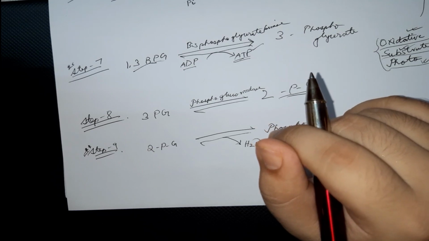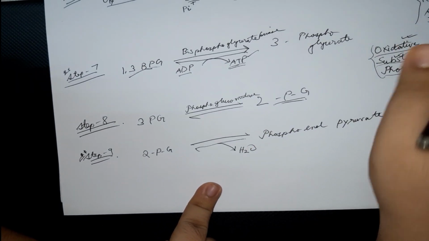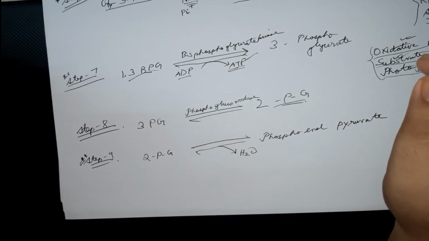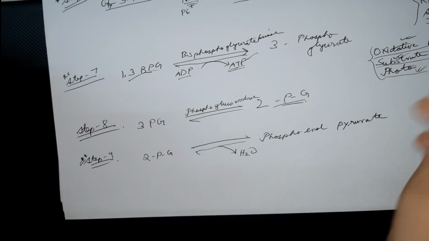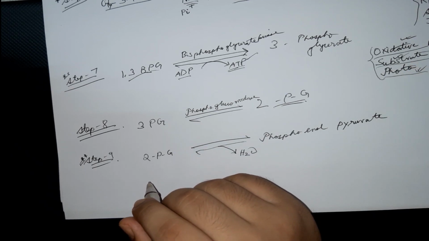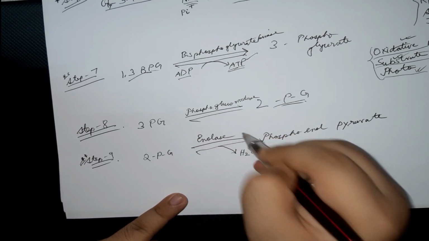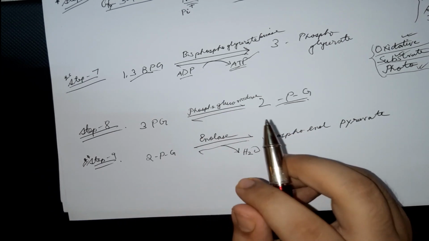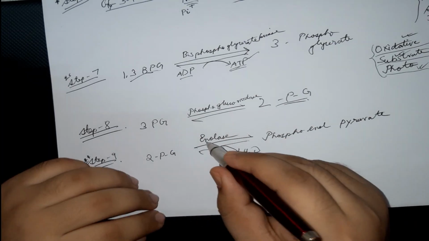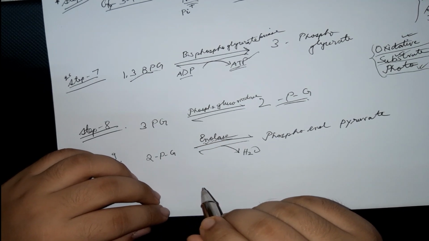Also another identifying feature is the fact that, okay, I'll talk about that a little bit later. So what's essentially happening is that 2-phosphoglycerate is converted to phosphoenol pyruvate, and the enzyme used here is enolase. One thing that we may remember is that enolase, the enzyme, has a pretty unique name.